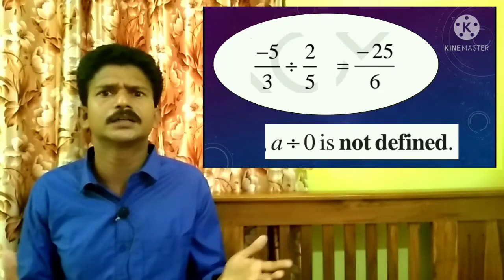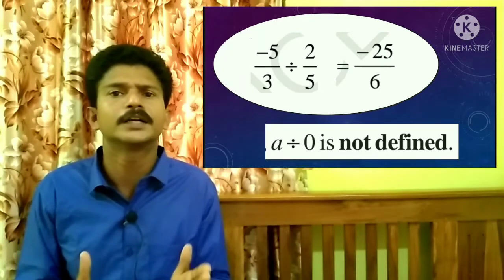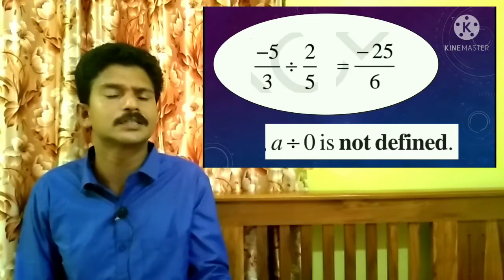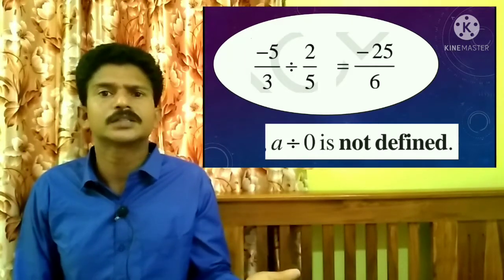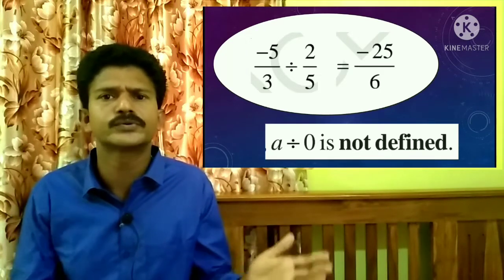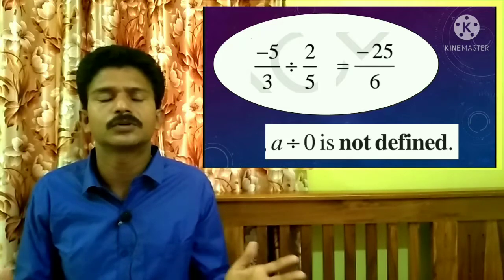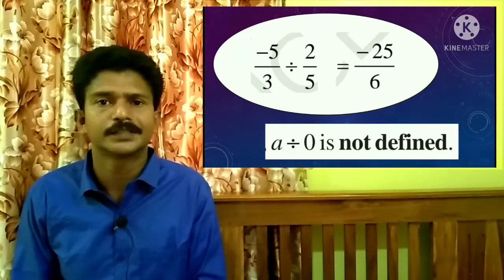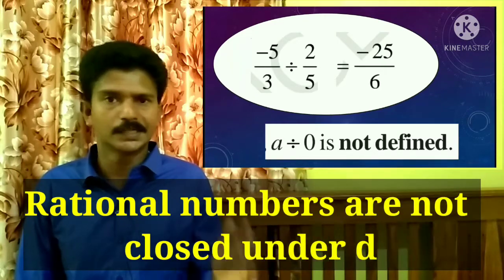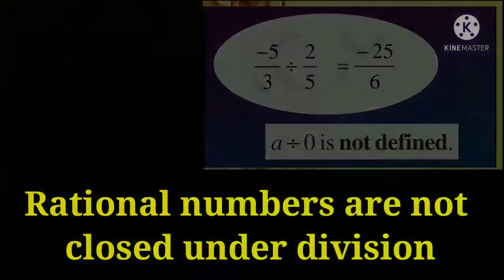So we can't say that the answer is a rational number, because the answer is not defined. So it is not closed. Finally, we can conclude that rational numbers are not closed under division.